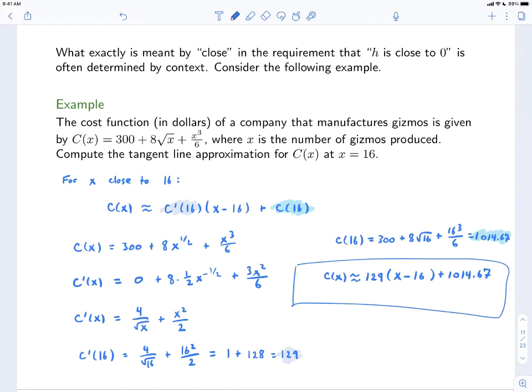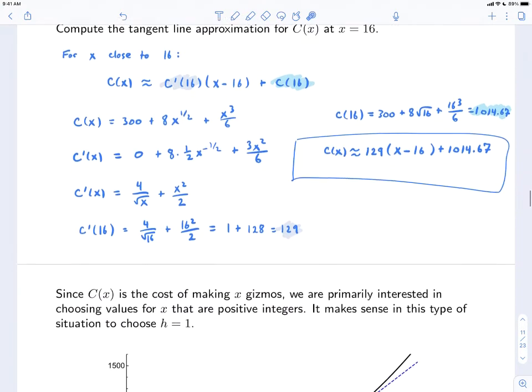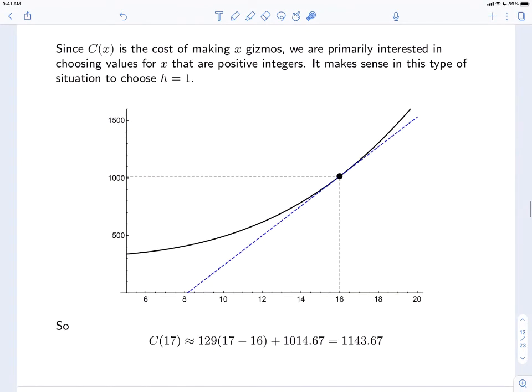Now here's a question. What do we mean by close when we say that this approximation is accurate for x close to 16? x is the number of gizmos produced. That means it has to be a positive integer. In this case, it makes sense to think of h being equal to 1. If x has to be an integer, then what would be closer to 16 than 17?